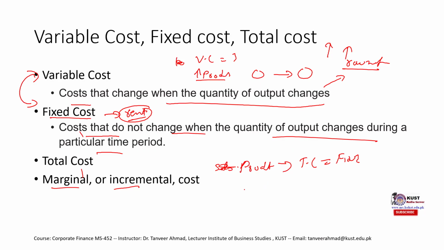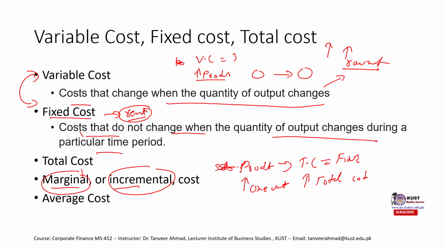But if we increase the production by just 1 unit, by how much our total cost would change? This is called marginal cost or incremental cost. The increase in cost for every 1 unit increase in production.